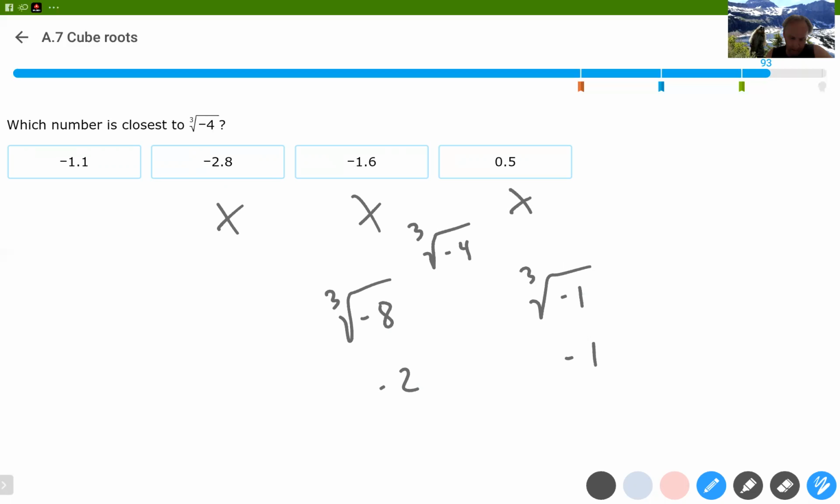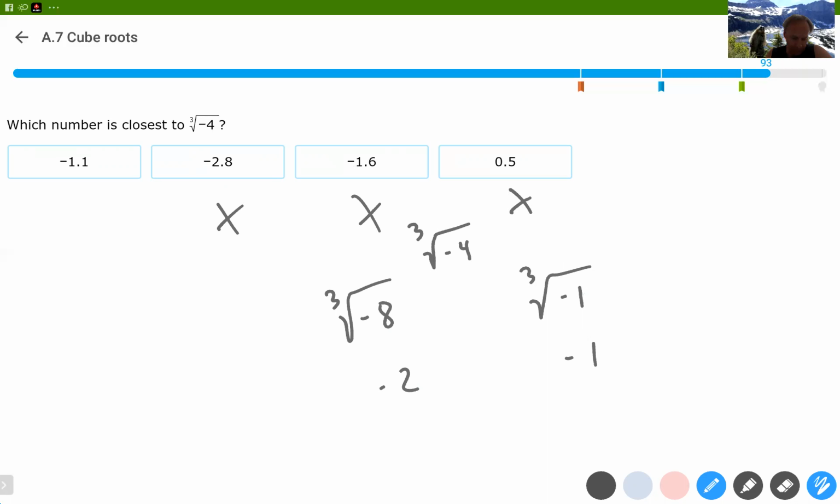So it looks like we're about negative 1.1. If you square negative 1.1, nope, negative 1.1 if I square it. Oh, I'm cubing it, duh. Okay, so it looks like we're probably gonna go with this one. Yeah, I'm gonna try that.